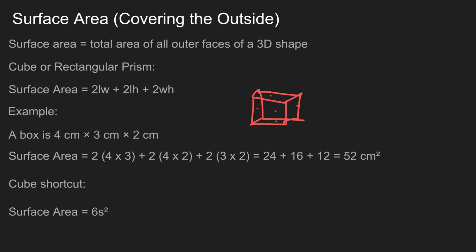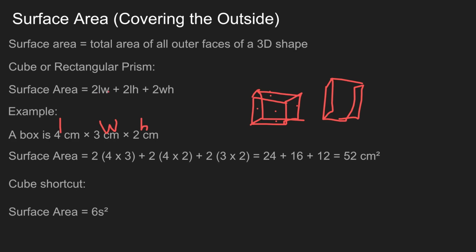So let's just say we have a box, okay? So in this box, let me draw one of my horrible cubes here. Okay, in this box, it is 4 centimeters times 3 centimeters times 2 centimeters. So this is length times width times height, okay? So now you're going to plug it into this formula.